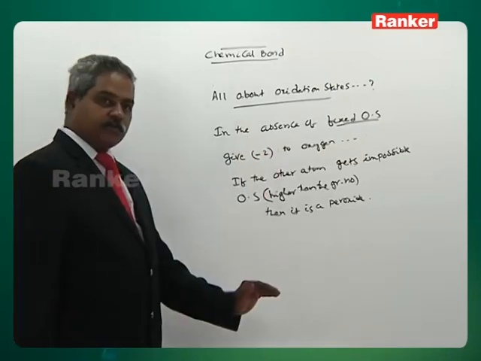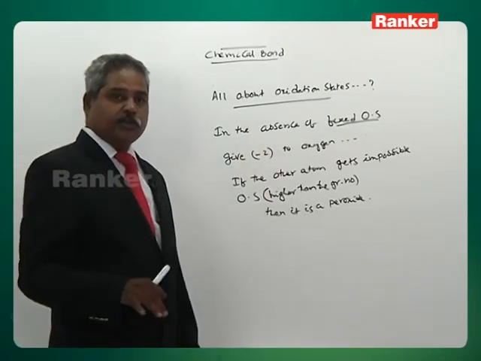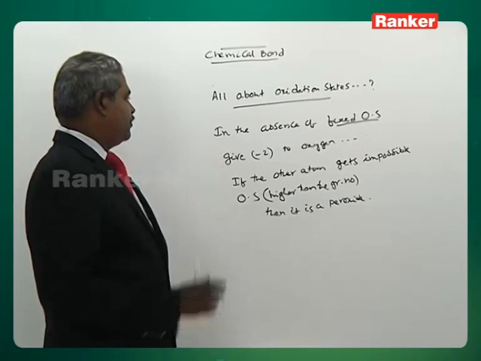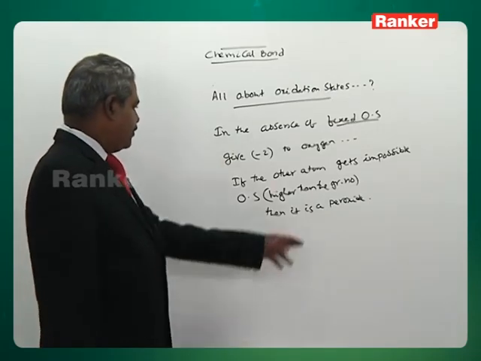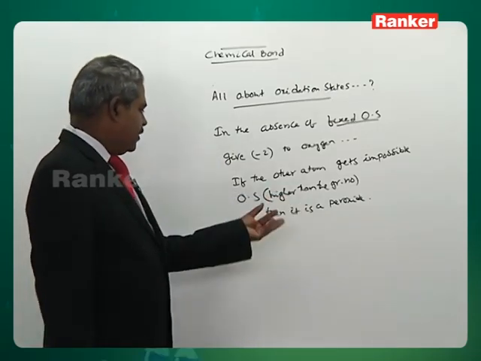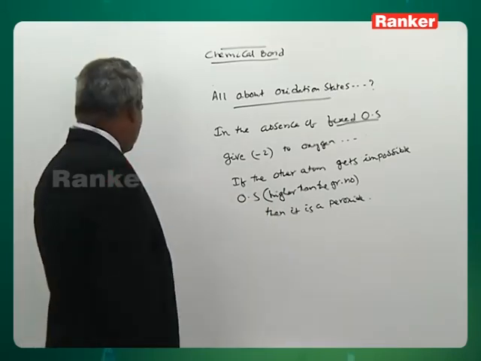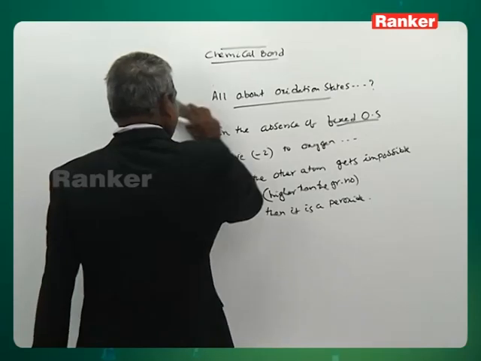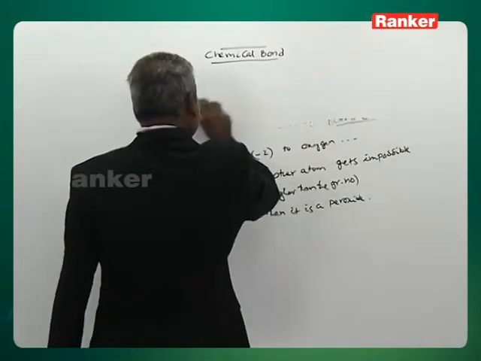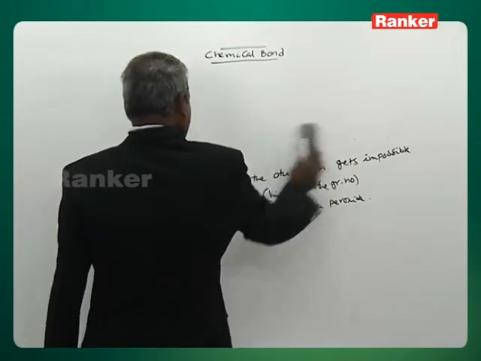Therefore, oxygen says minus 1. If oxygen takes 2 electrons, others will become highly positive. When they become highly positive, impossible, higher than their group number, then oxygen says okay, minus 1, it will decrease. So, oxygen is variable here. In all the compounds, oxygen is variable.